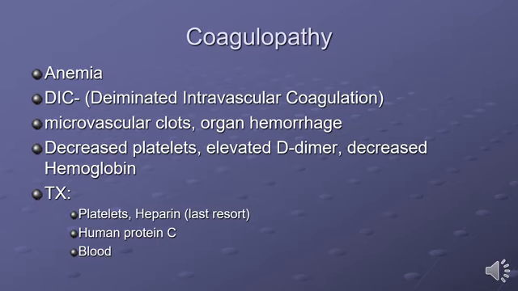So they will have decreased platelets, and so we have to replace with platelets. They may have an elevated D-dimer. This is a byproduct of clot degradation. And we will give human protein C and also heparin.